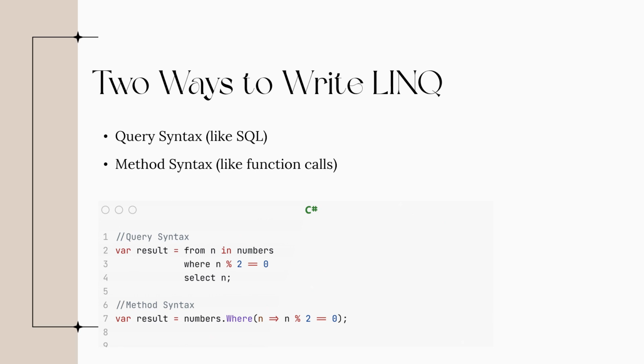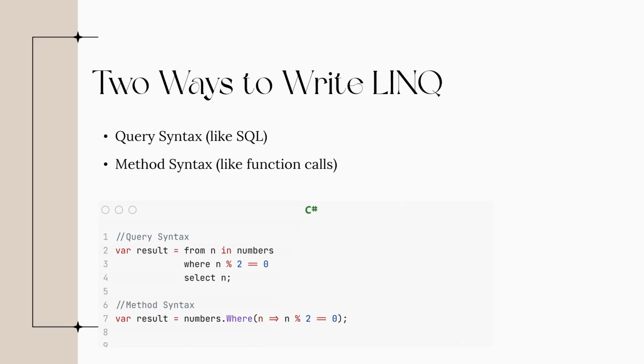And about method syntax, as I said, this looks more like regular C# code, and it uses functions like where, select, and order by. It might seem a little harder at first, but it's very powerful and flexible. And many experienced C# developers prefer this method.